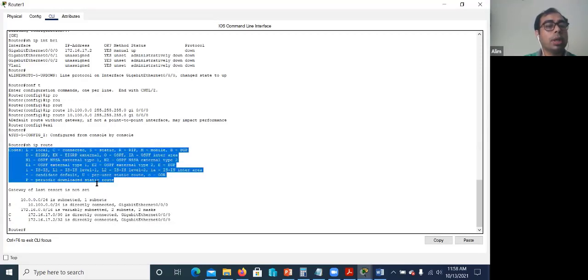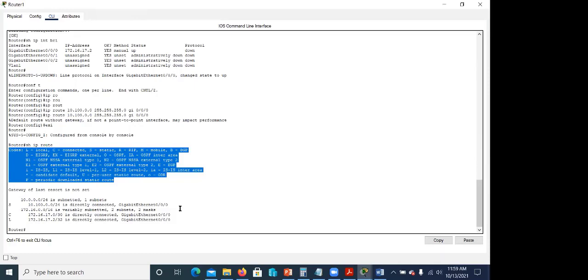At the top, there are some legends, and these are specific symbols. Why are some symbols used? L means local, C means connected, S static, and so on. Okay, for different routing protocols, it has symbols. For example, RIP, we will discuss later. Okay, R.